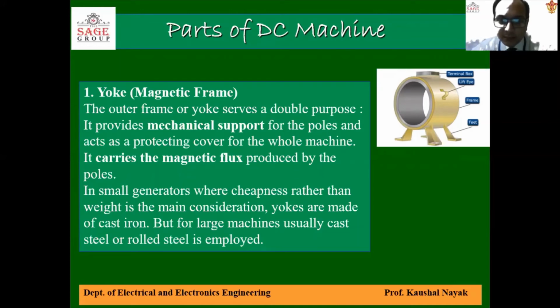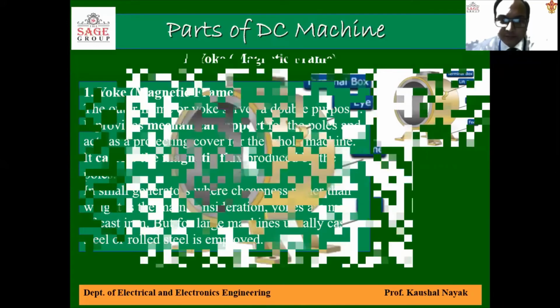It provides mechanical support for the poles and acts as a protecting cover for the whole machine. It carries the magnetic flux produced by the poles. In small generators, where cheapness rather than weight is the main consideration, yokes are made of cast iron, but for large machines, usually cast steel or rolled steel is employed.